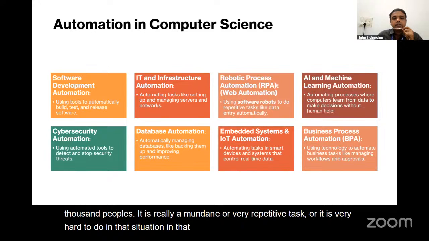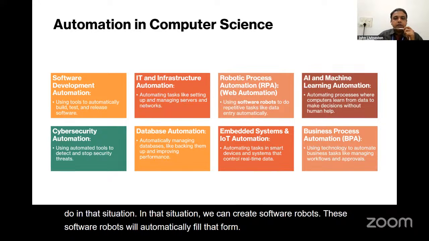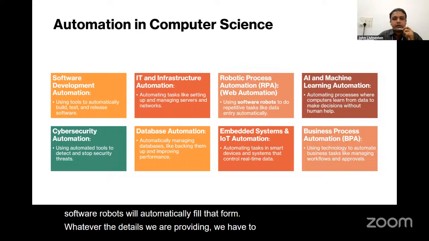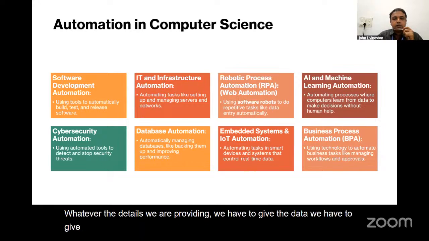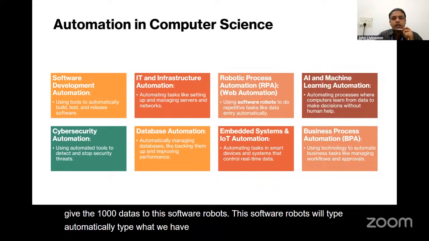In that situation, we can create software robots. These software robots will automatically fill that form. Whatever details we are providing, we have to give the data. We have to give the 1,000 data records to these software robots. These software robots will automatically type what we have to type and do the job in a better way.